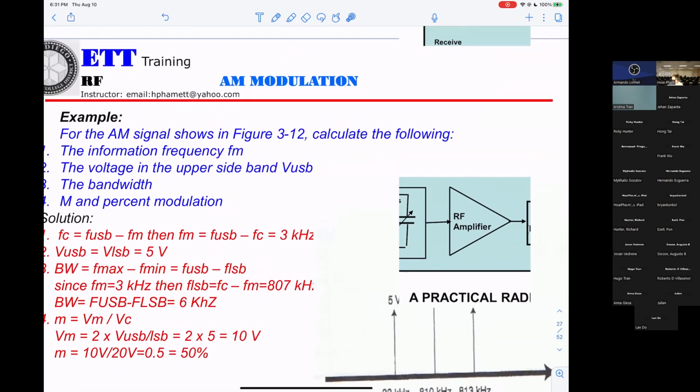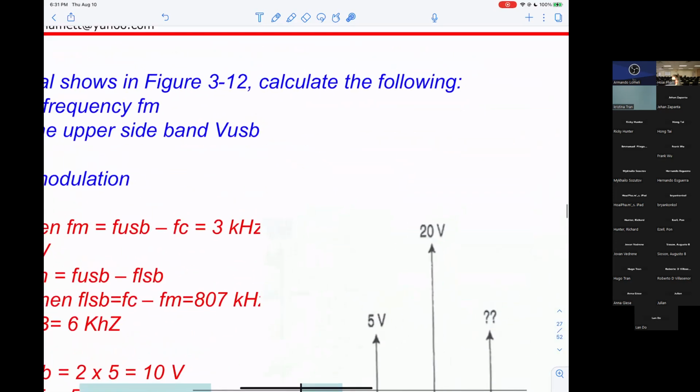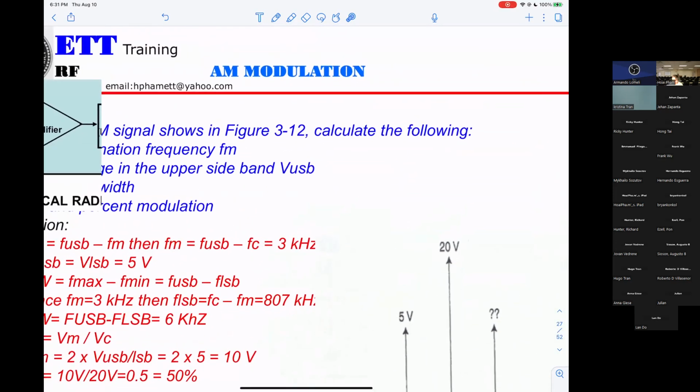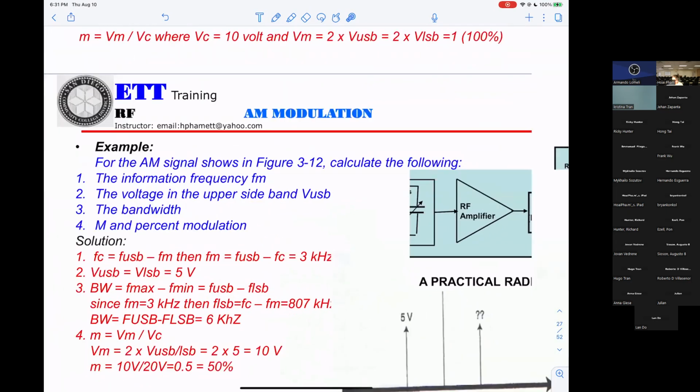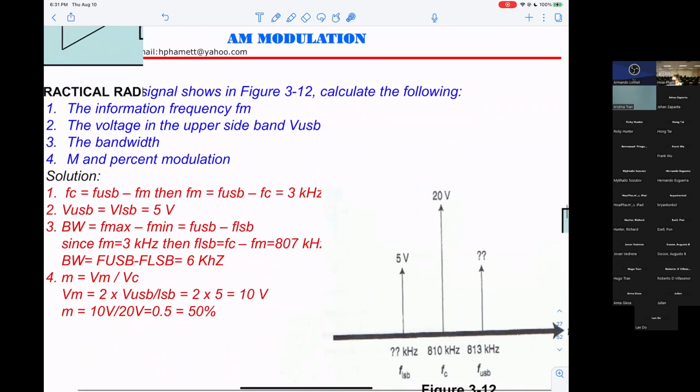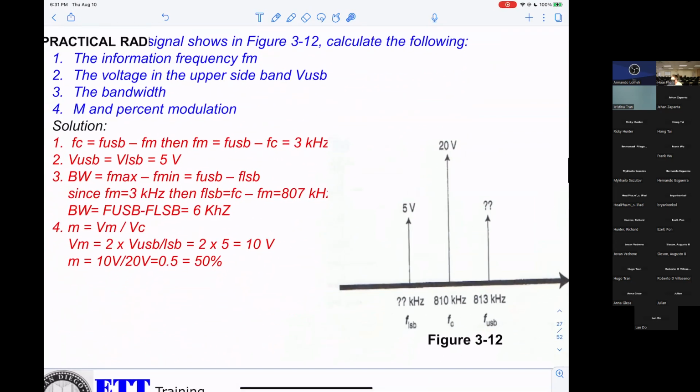For an AM signal, in this figure here, 3-12 here. Calculate the following: the information frequency FM, the voltage in the upper sideband, the bandwidth, and the percentage of modulation.